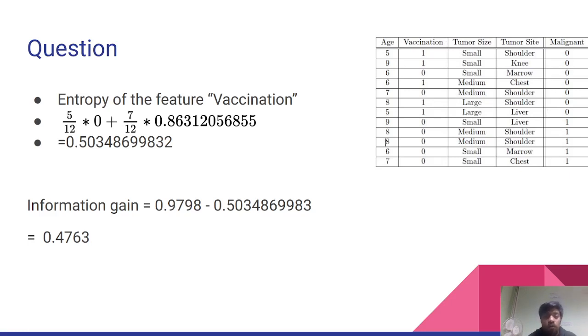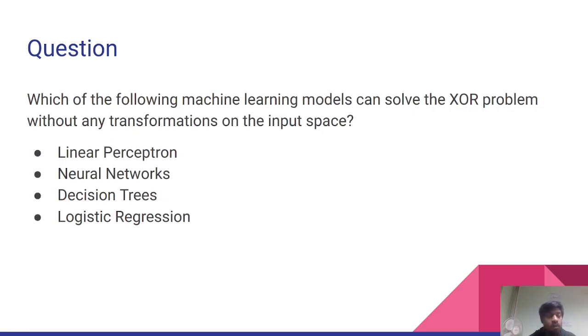So I'll go to the next question. Which of the following machine learning models can solve the XOR problem without any transformation on the input space? We discussed earlier that XOR is not a linear problem, so you cannot draw a line to separate the points drawn by XOR.